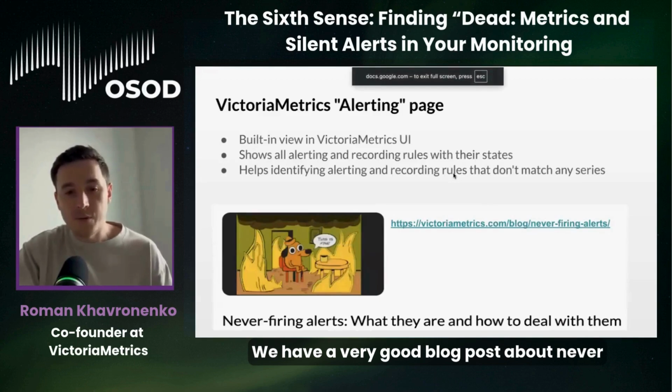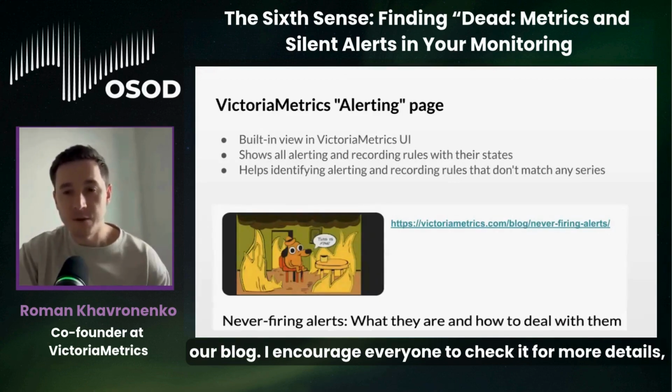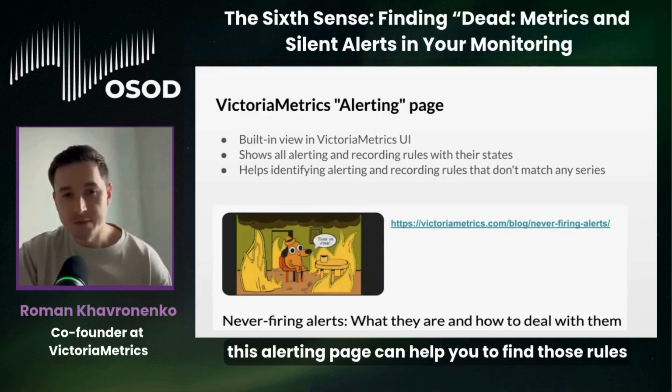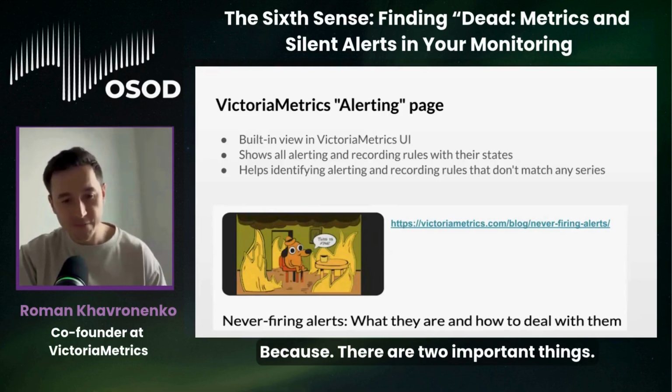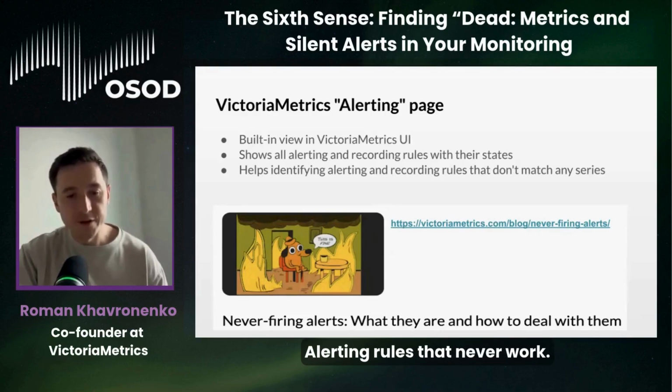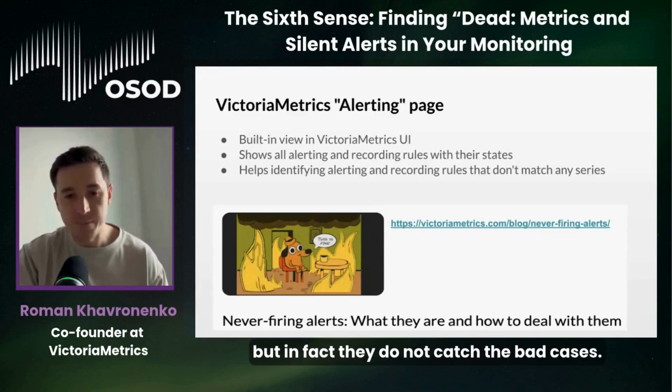We have a very good blog post on our blog about never-firing alerts and typical mistakes with that. I encourage everyone to check it for more details. But in short, this alerting page can help you find those rules that do not pay their rent, right? Because there are two important things. Alerting rules that never work give you this false feeling that everything is okay, but in fact, they do not catch the bad cases.